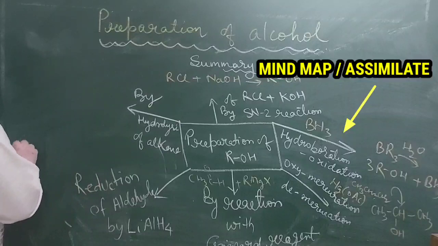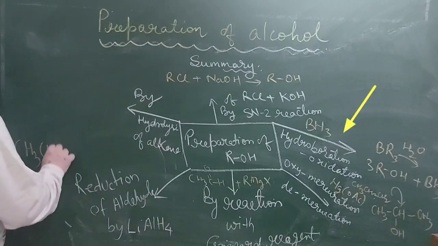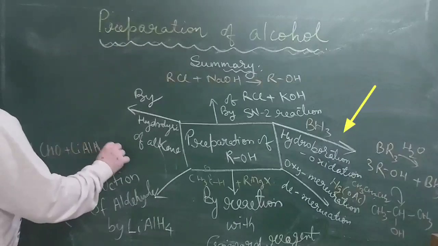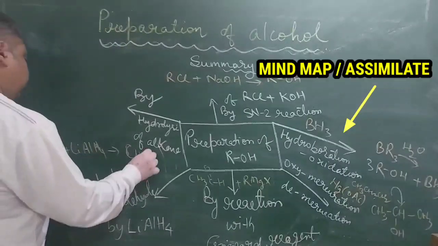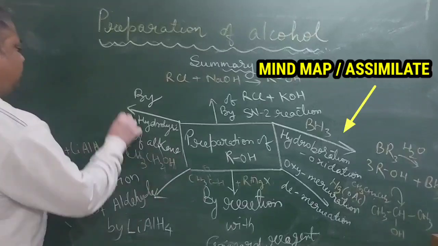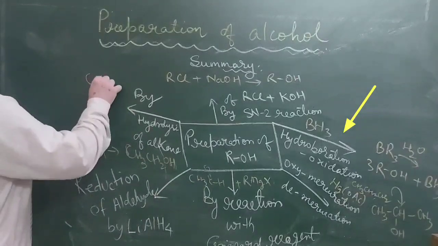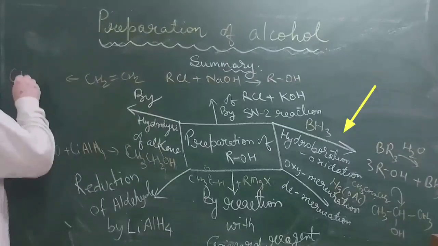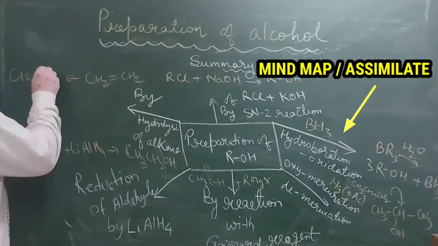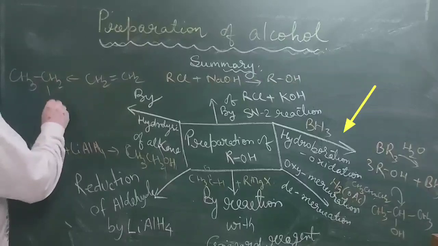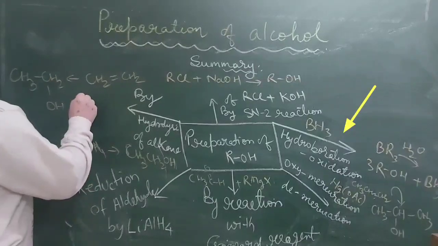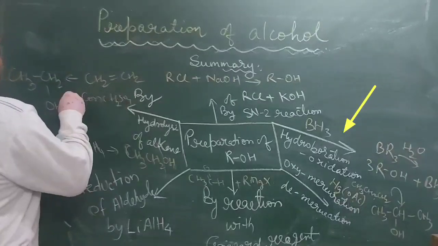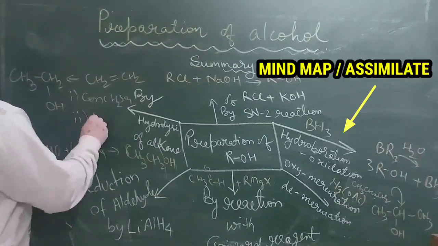With this what did we see? We saw that CH3CHO plus lithium aluminum hydride formed alcohol CH3CH2OH. With this what did we see? Any alkene forms CH3CH2OH when concentrated H2SO4 is given and then after that water is given.